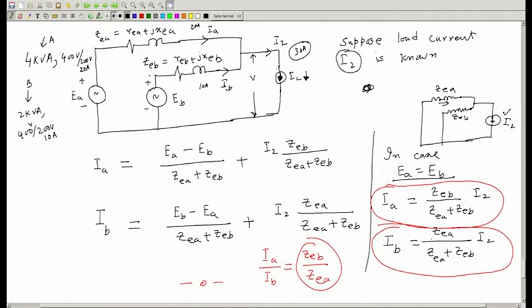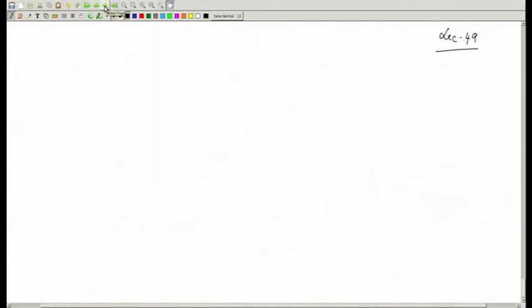Even if EA is slightly different from EB, I can calculate the exact values, but this will also give you an idea of how IA and IB will be. Mind you, these are all phasors: IA, I2, IB, I2, and I2 is known. Now, the ratio of IA and IB has become equal to ZeB by ZeA. Up to this point we have done.